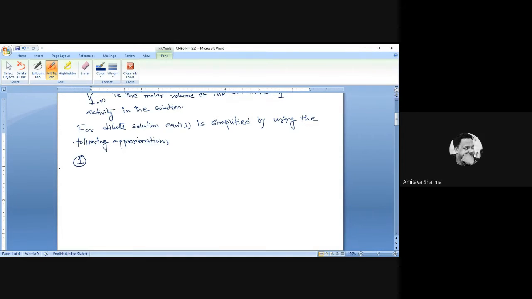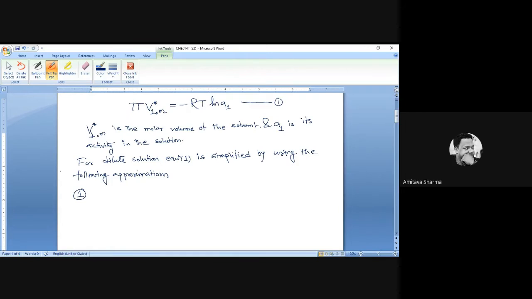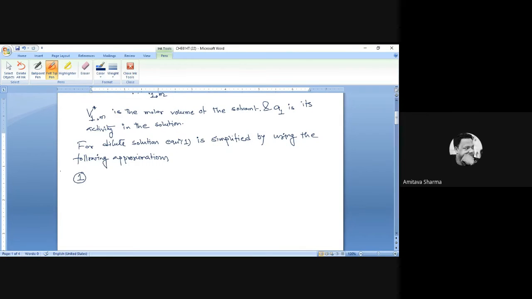The activity of the substance is approximated to the mole fraction of the substance. Remember that suffix 1 is always for solvent and suffix 2 is for solute.